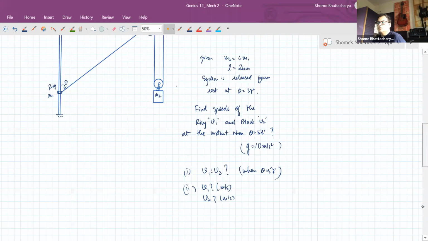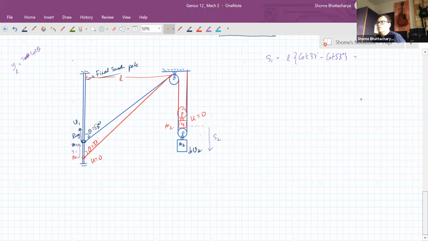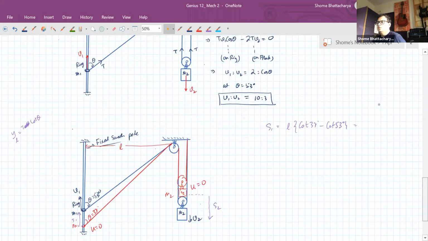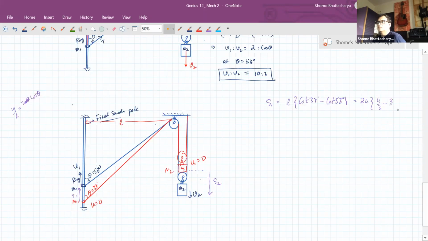You can take L as 24 meters. So it will be 24 into 4 by 3 minus 3 by 4. So S1 will be 14 meters. Okay, Ganesh, just check out the steps.